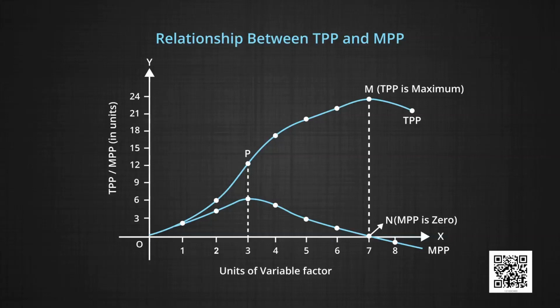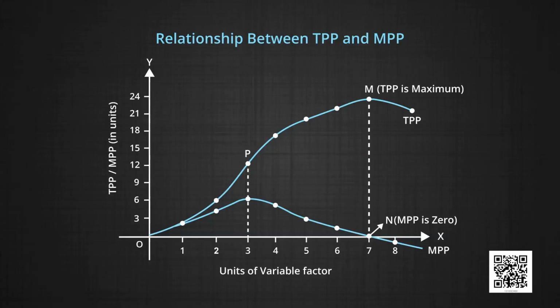After the employment of the second unit, the TPP is increasing at a diminishing rate. Notice that at this level, the marginal physical product starts falling. Although the marginal physical product continues to fall till 5 units of the variable factor are used, it is still positive. And because it is positive, the TPP continues to increase, but it increases at a diminishing rate.